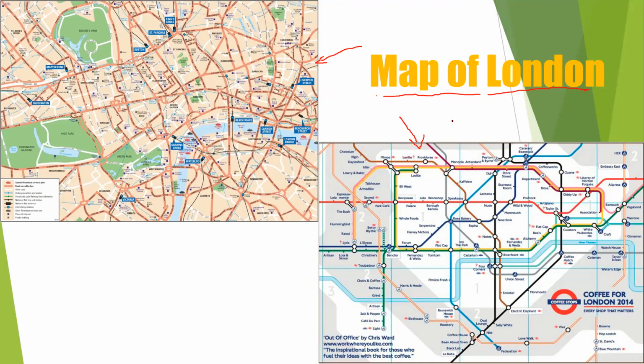It just uses straight lines to link different stations, right? If you visit London and you just want to go from one station to another station, I think the subway map will be more convenient for us to use, right?